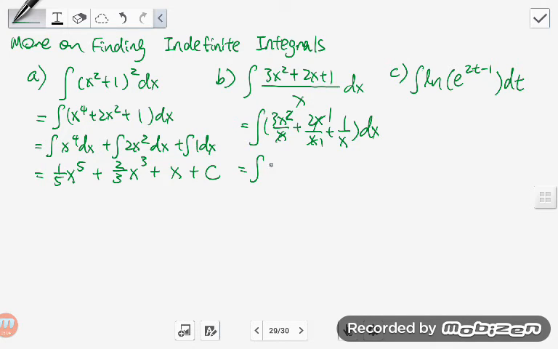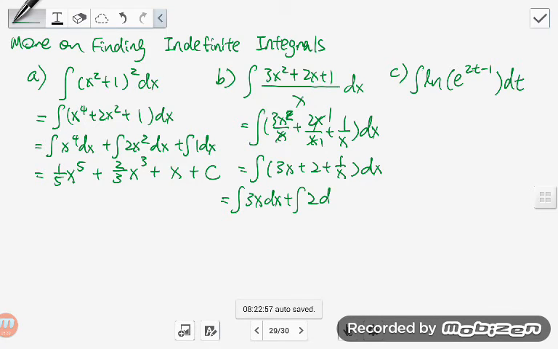So I'll have the indefinite integral of 3x plus 2 plus 1 over x, with respect to x. I can separate them. So I will have 3x dx plus 2 dx plus 1 over x dx.